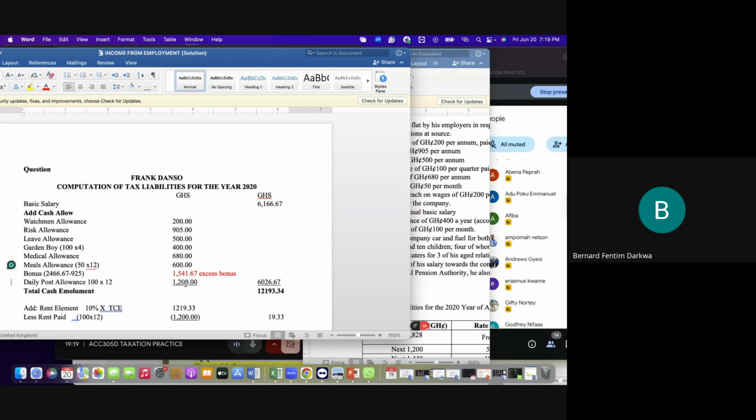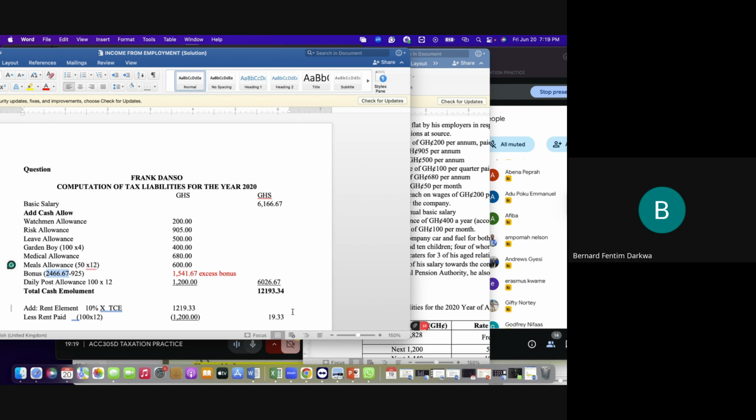Then bonus. You see, excess bonus. You have to show the excess because the bonus received was this amount. And the portion, 15% of the basic salary, that should not go beyond, is 295. So when you subtract that from the bonus itself, there's an excess bonus of 154.